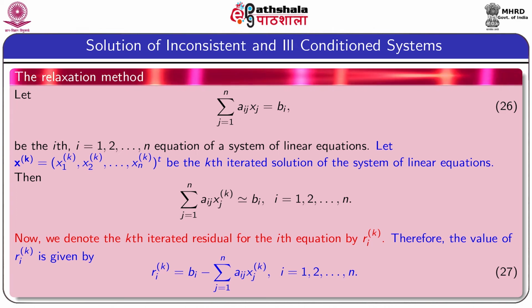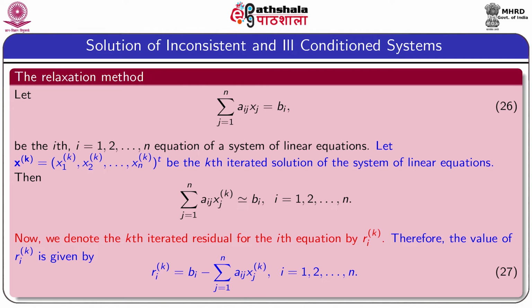Now we denote the kth iterated residual for the ith equation by Rik. Therefore, the value of Rik is defined by Rik equal to bi minus summation over j equal to 1 to n aij xjk, where i equal to 1 to n.